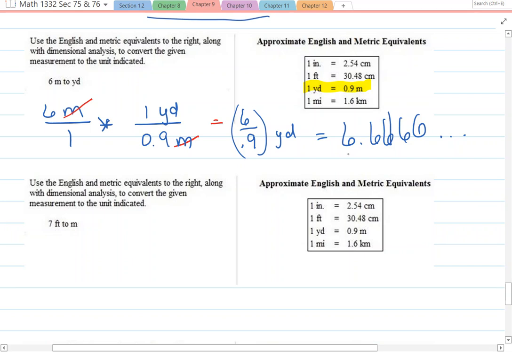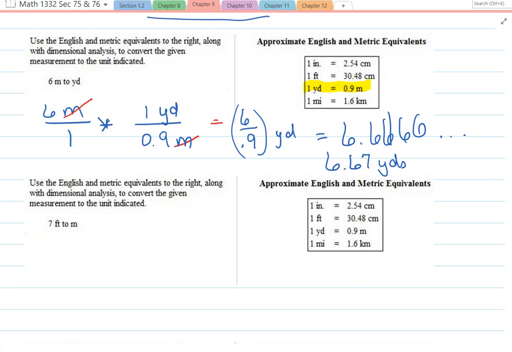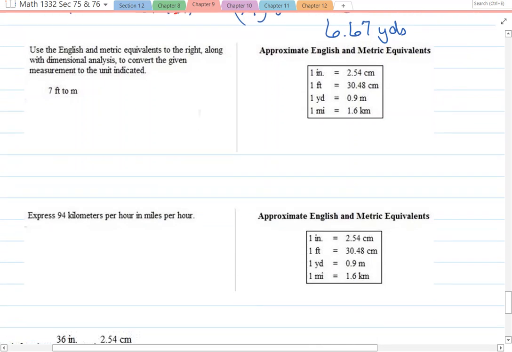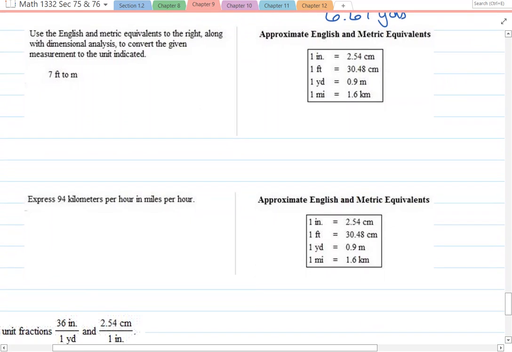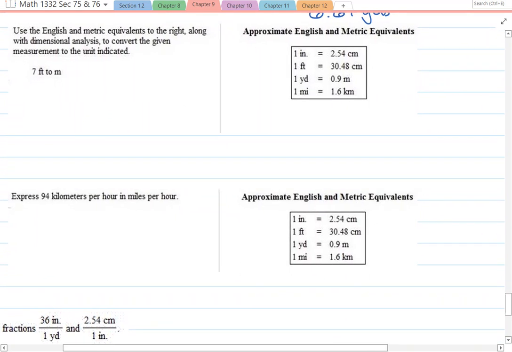So we're going to do 2 decimal places because in measuring these items, we just want approximations. Definitely not difficult. Again, you're not required to memorize any of these items, so we're good.